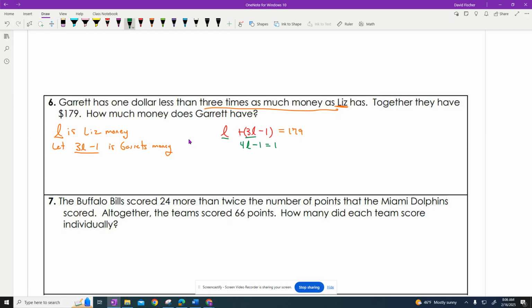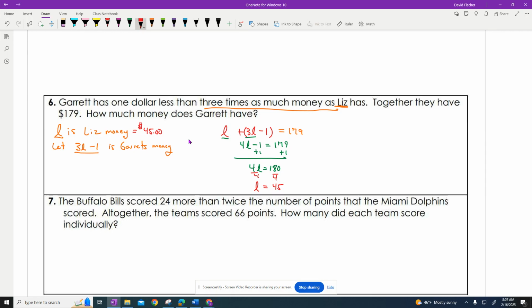This is a nice easy one. I'm getting 45. So Liz's money equals 45, and you need units on word problems now.